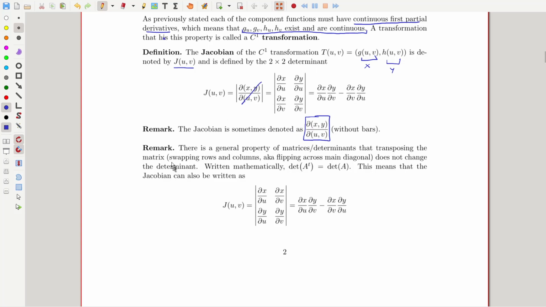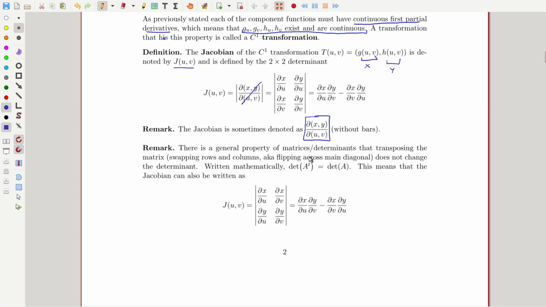Okay, now we have this other remark. So this helps with needing to memorize things, I suppose. The point is that you don't have to remember the order of things here, because you have this nice property about determinants and matrices, which is that the transpose of a matrix has the same determinant as the original matrix itself.